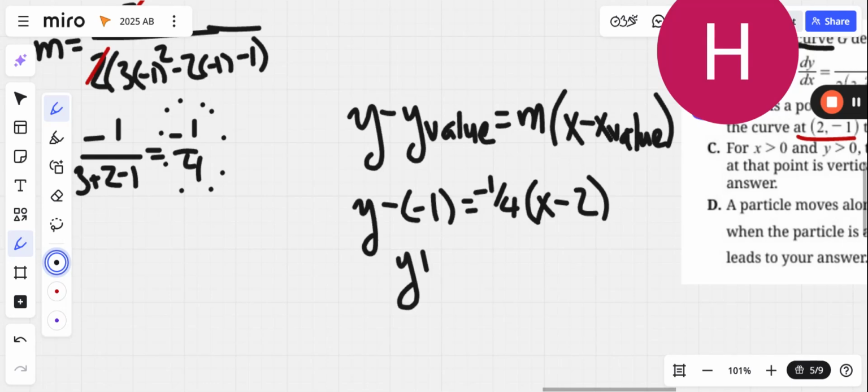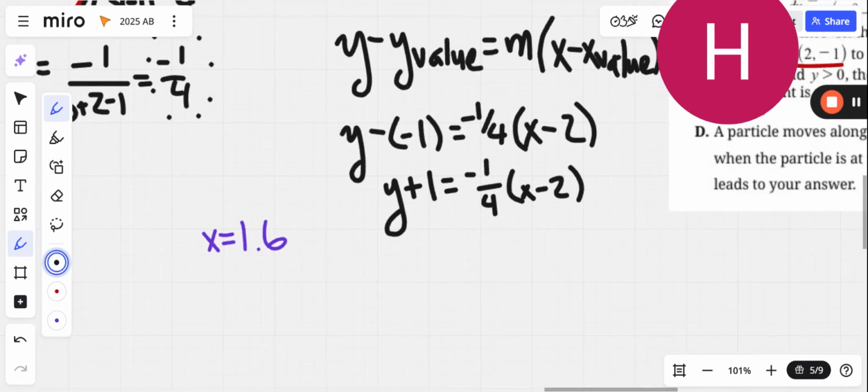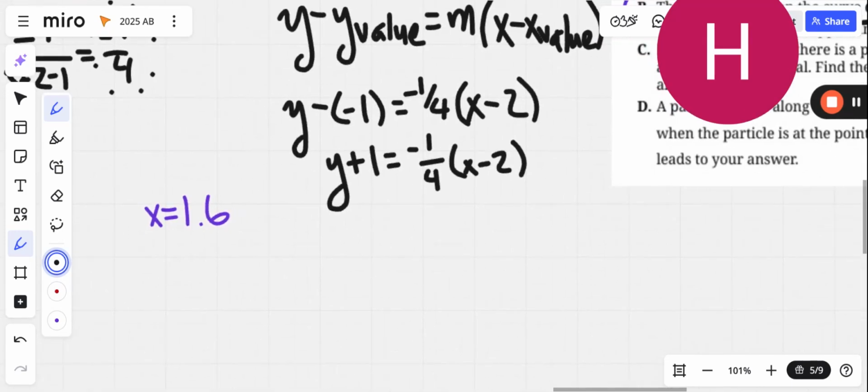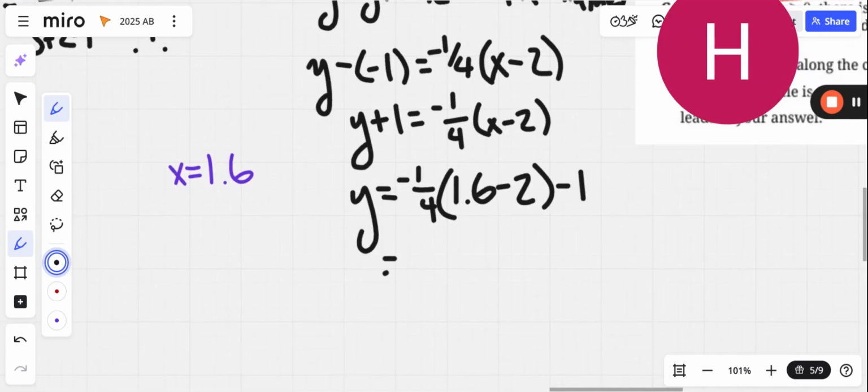And so the equation of the tangent line at that point is given by this. Now we need to plug in x equals 1.6 because we're trying to find the approximate coordinates based on the tangent line since it's near our curve. This just means that y is going to equal negative 1/4 times 1.6 minus 2 and then minus 1.